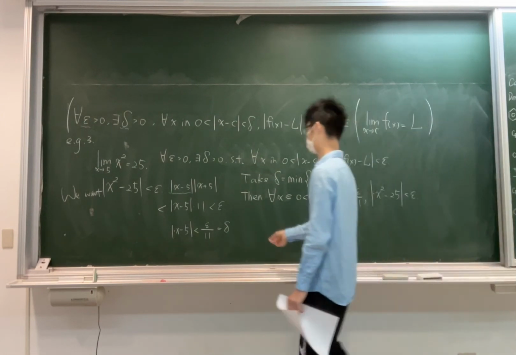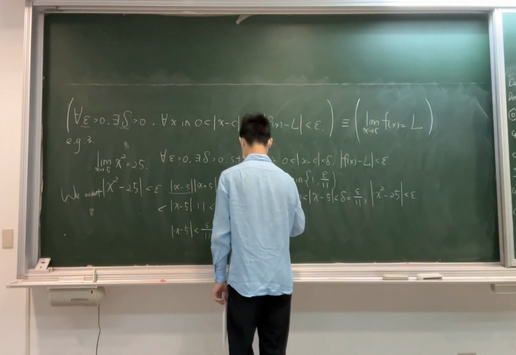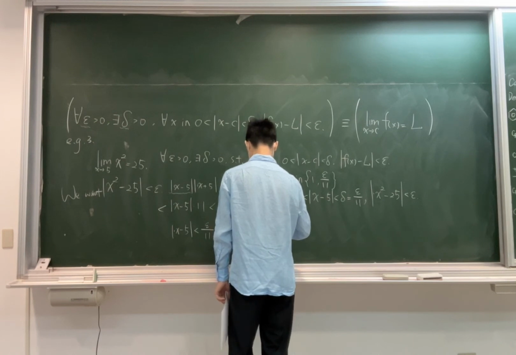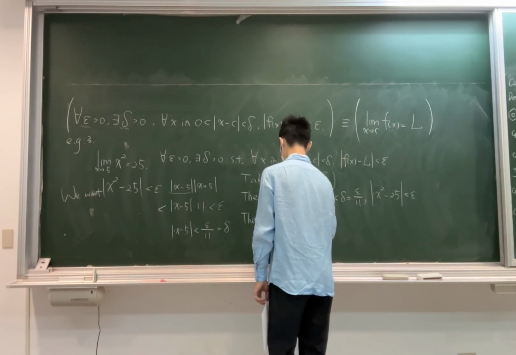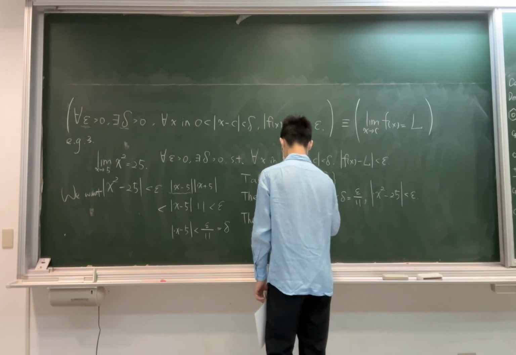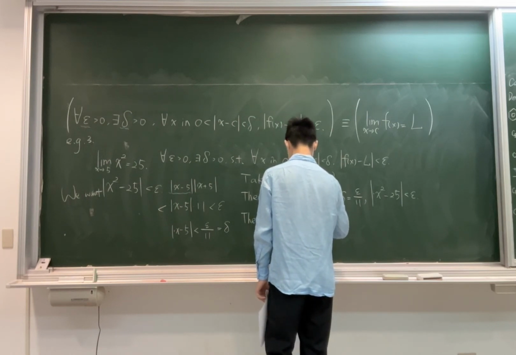Therefore, the limit as x goes to 5 of x squared will be 25.